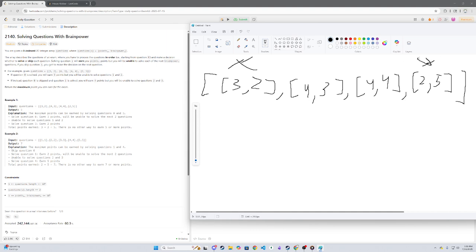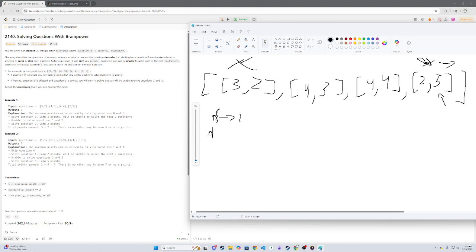We don't know from this index how much back here we can rob from, or I'm going to say solve, because solve is a better verb. We don't know how much we can solve from right to left, but we do know from this how much we can get from left to right. So maybe it's best if we work from right to left.